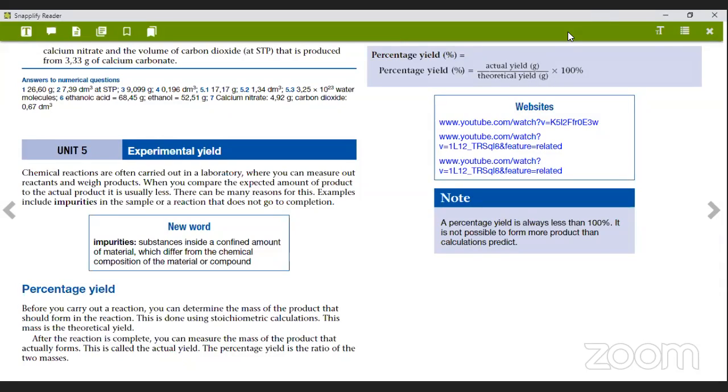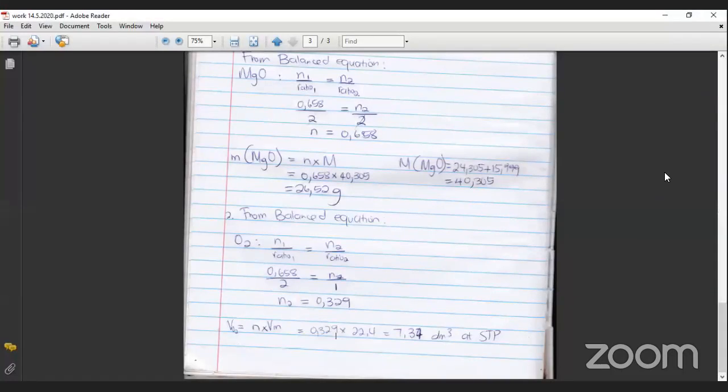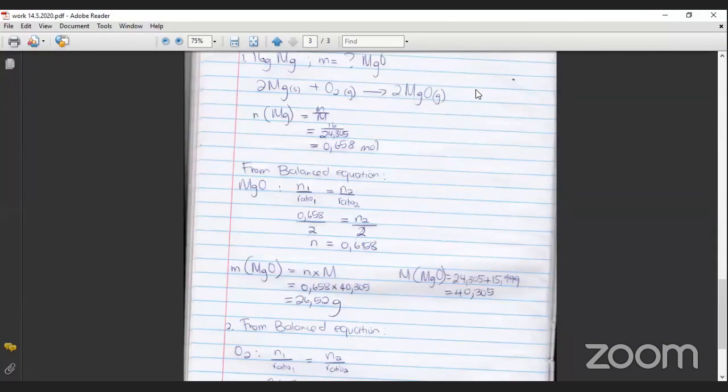Oh, I see there's some chats that I did not see. Ma'am, can you please repeat step 2 and 3? Okay, let me try and do it quickly. Let me check. Step 2 and 3. Can you please unmute yourself so that you can let me know which part?